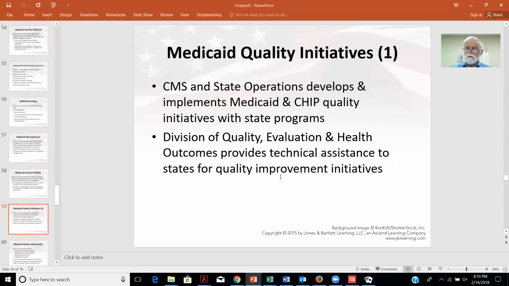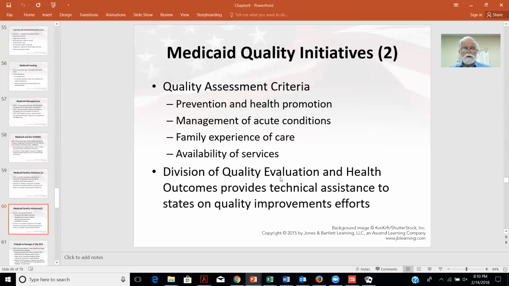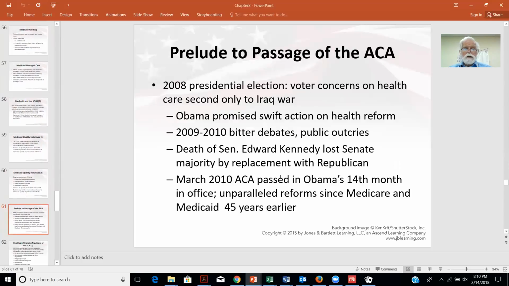Quality initiatives to really try to improve Medicaid have been around for a while. The problem is that healthcare has been a real issue.